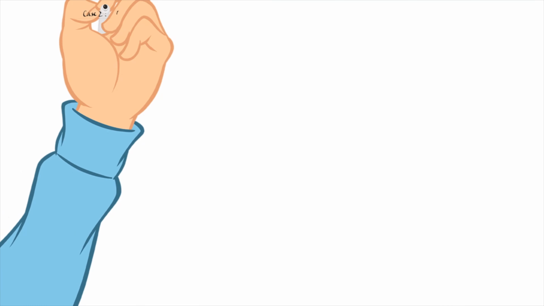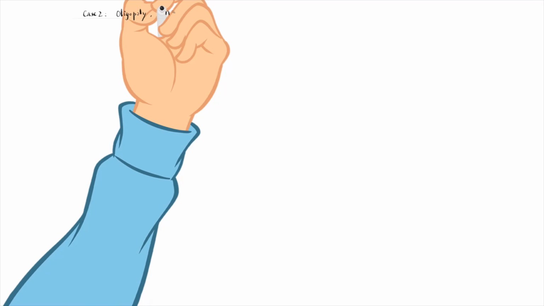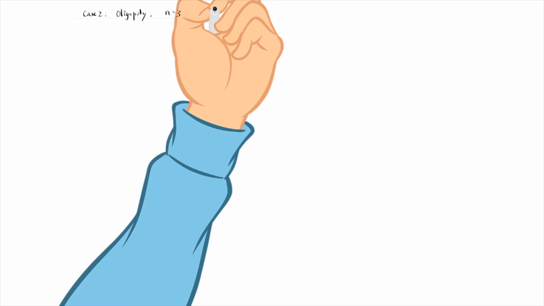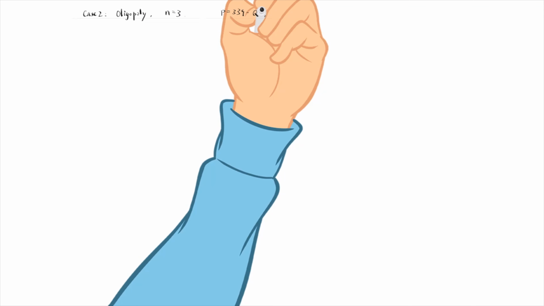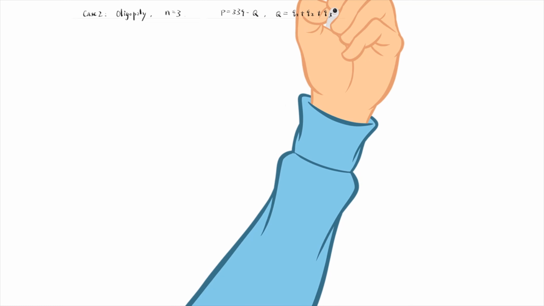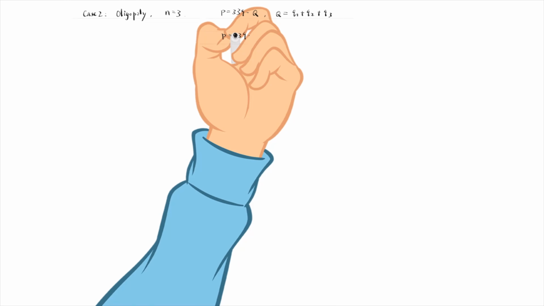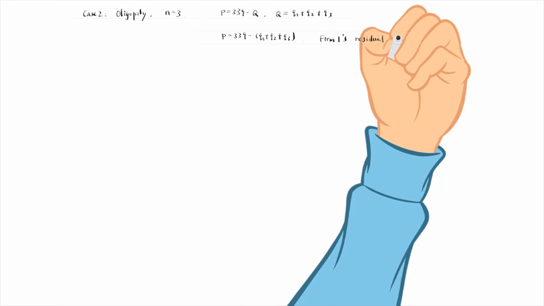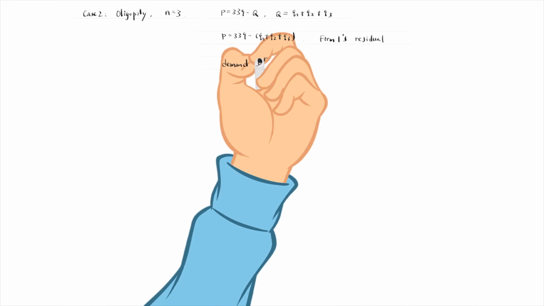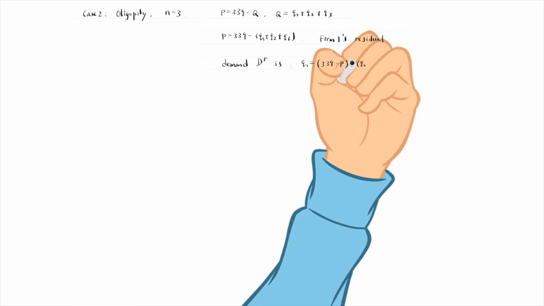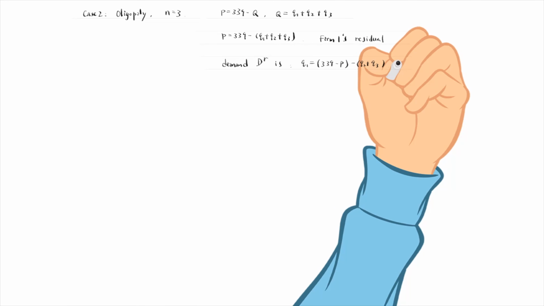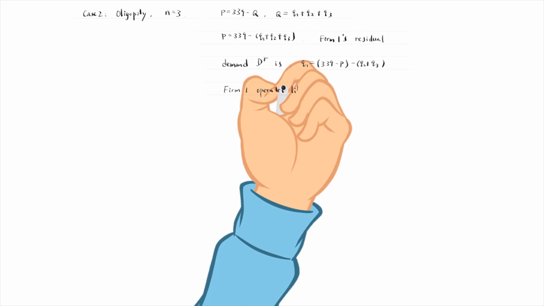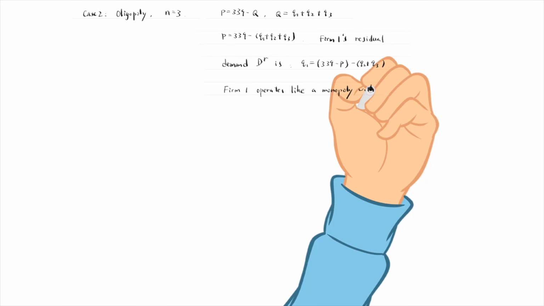In the third step, we find the deadweight loss for the oligopoly case with 3 firms. From the market demand function, we can derive firm 1's residual demand, dr. Firm 1 operates like a monopoly with respect to its residual demand.